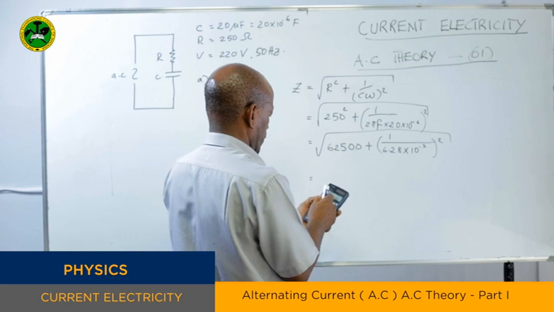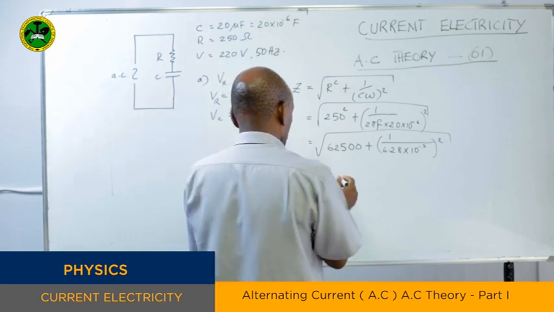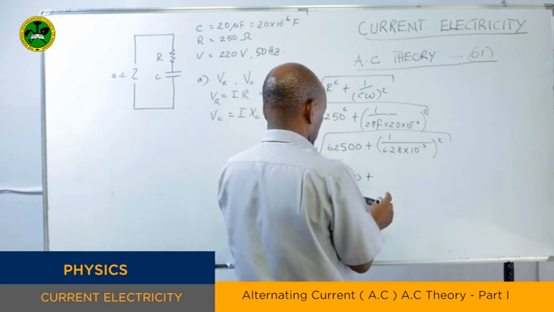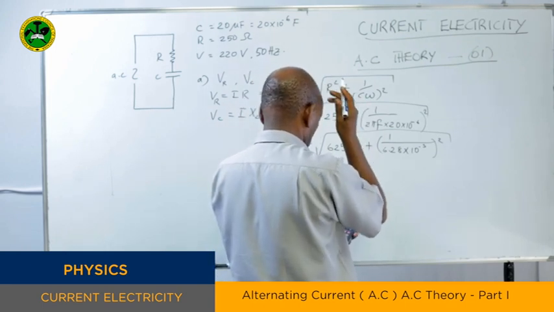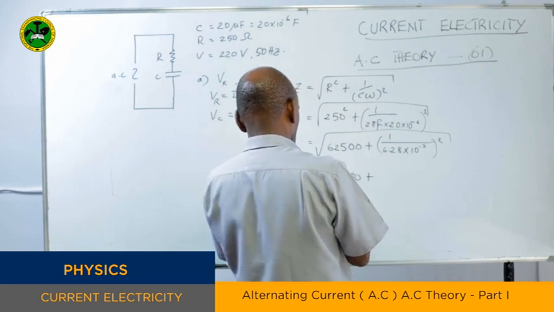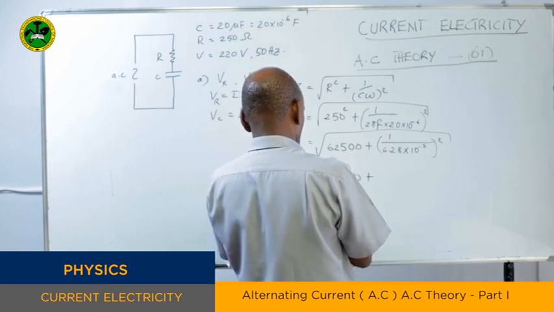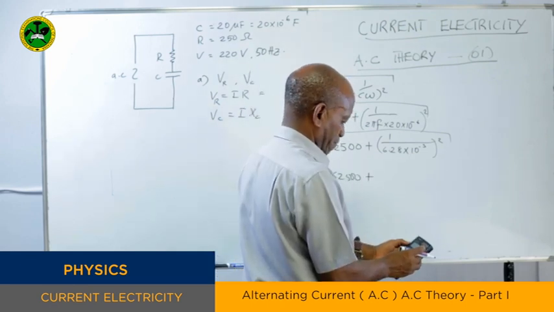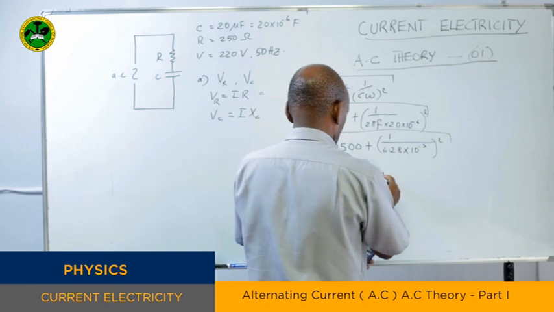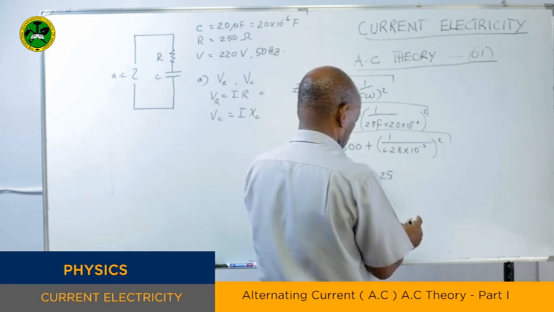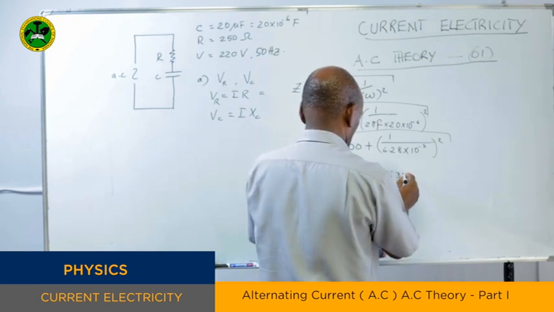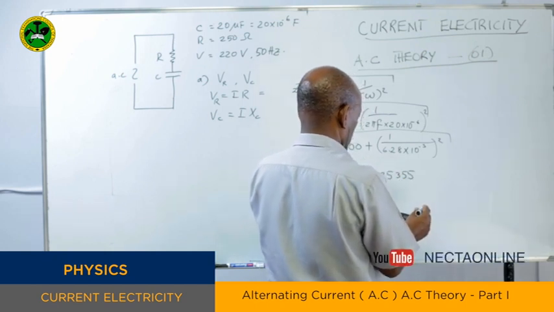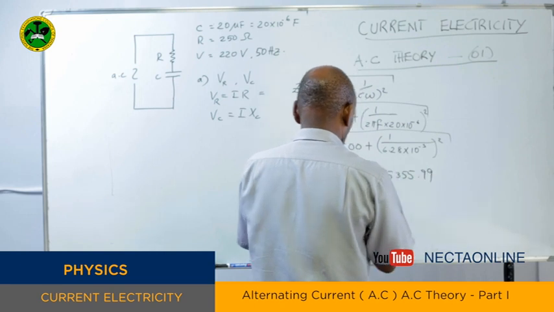Now if I square it straightforward, I'm going to get 25,355.99.